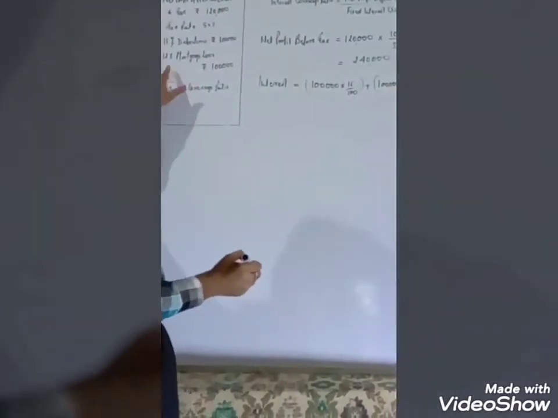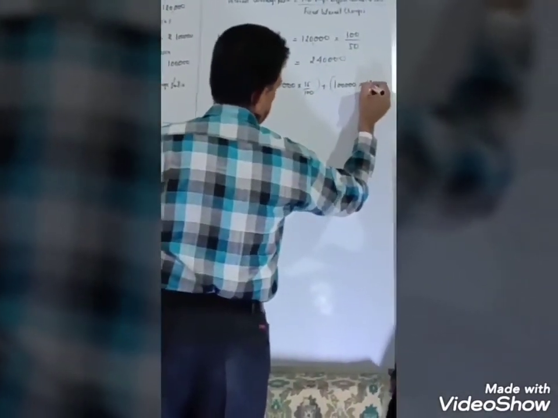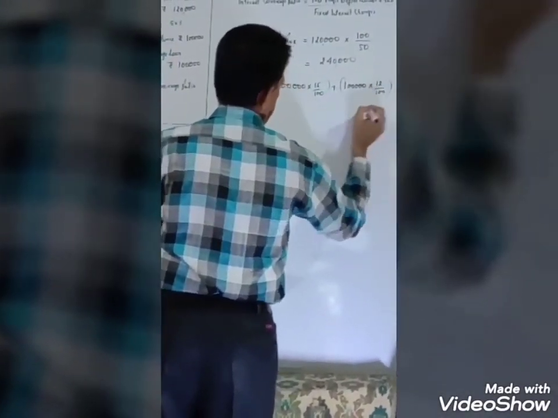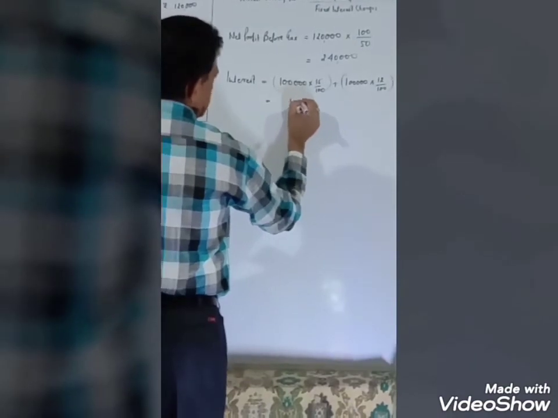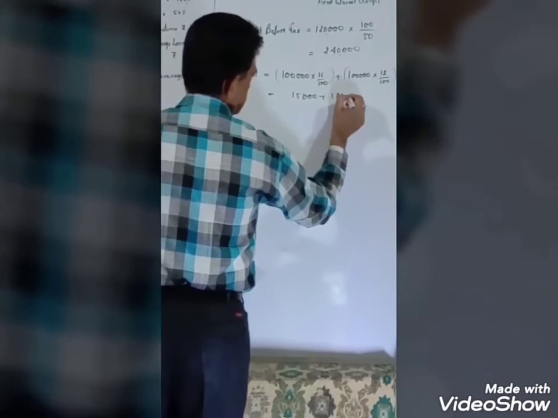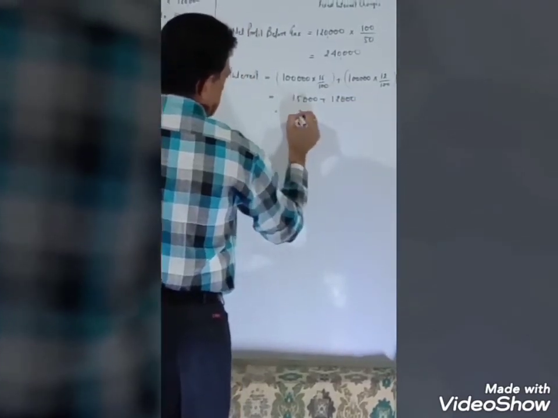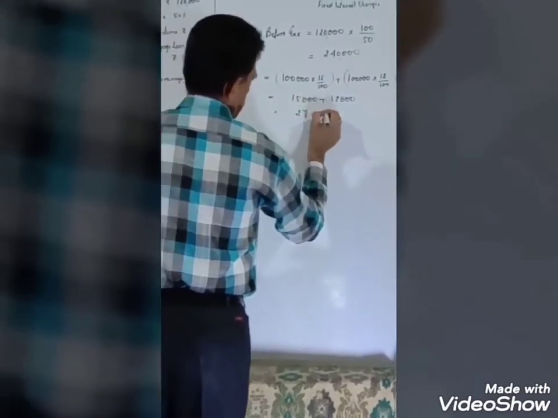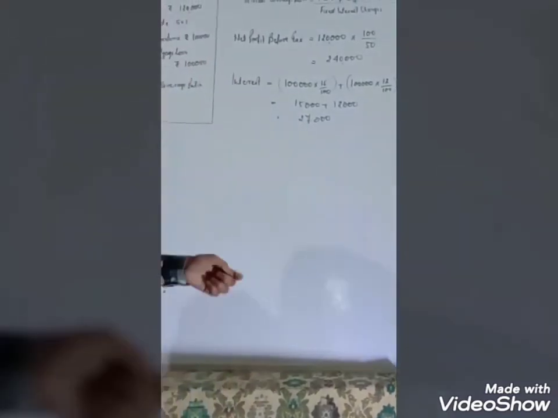On it we have to pay 12% interest. This will be 15,000 plus 12,000, which is 27,000. This is the total interest.